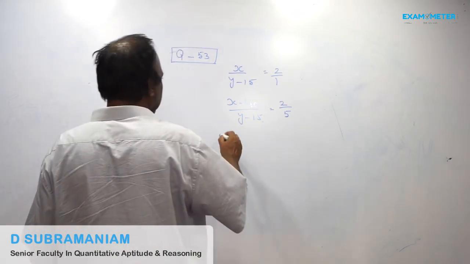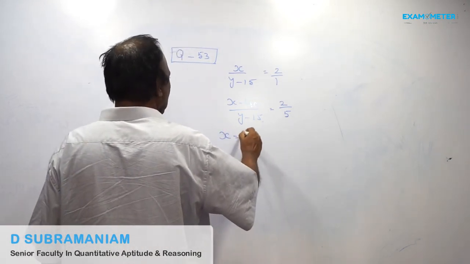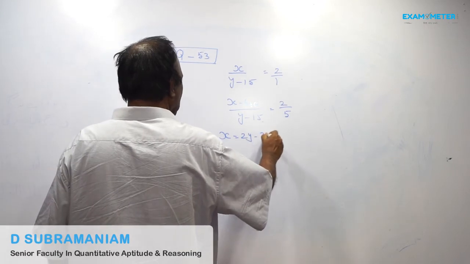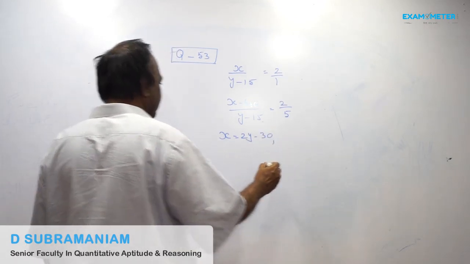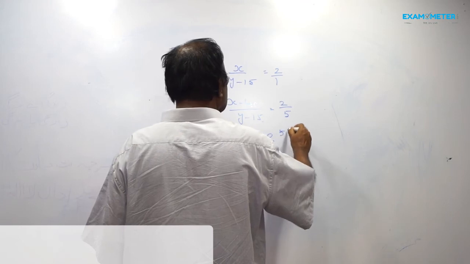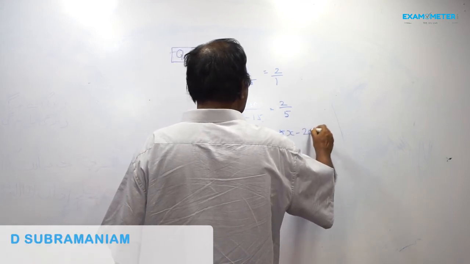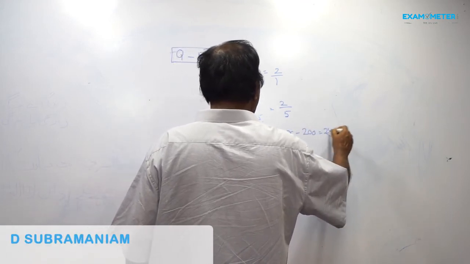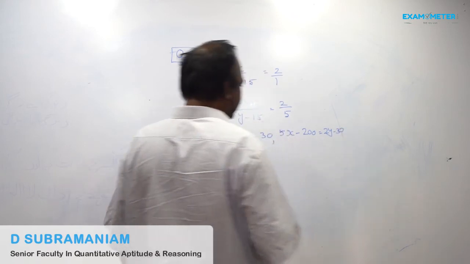So x is equal to 2y minus 30, and 5x minus 200 is equal to 2y minus 30.